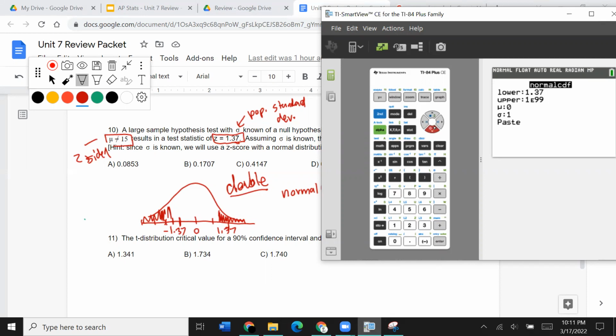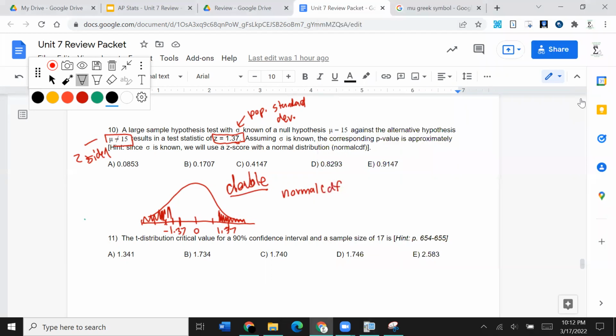Our mean and standard deviation for a z-score are 0 and 1. Oh, let me do that again. And you get about 0.0853. So the probability in this shaded part is 0.0853.